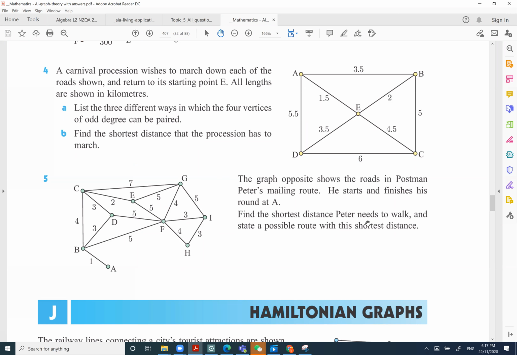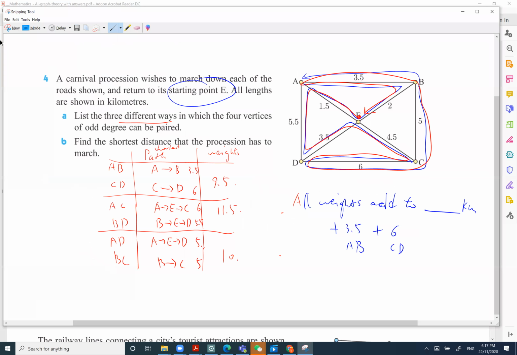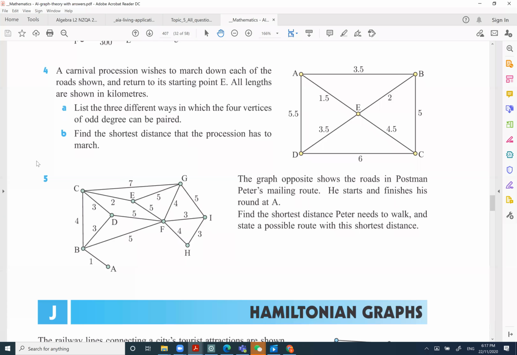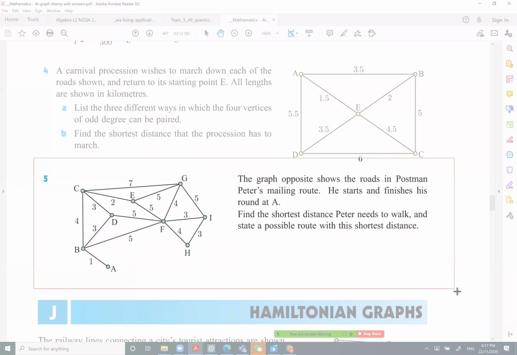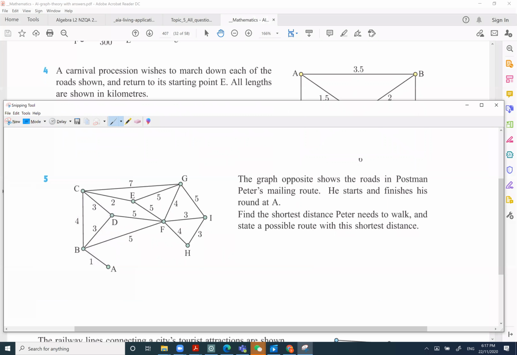Finish at A, find the shortest possible one. Okay, we try this one. The odd vertices here, here, here. These odd vertices.